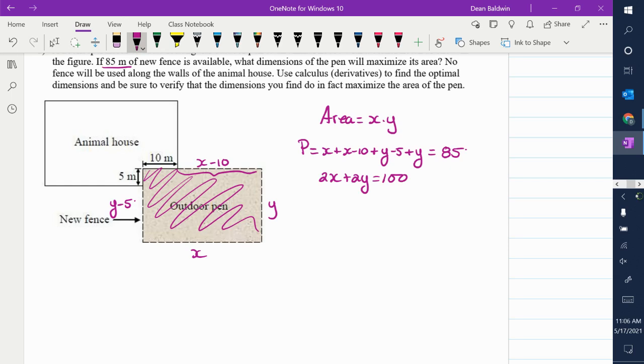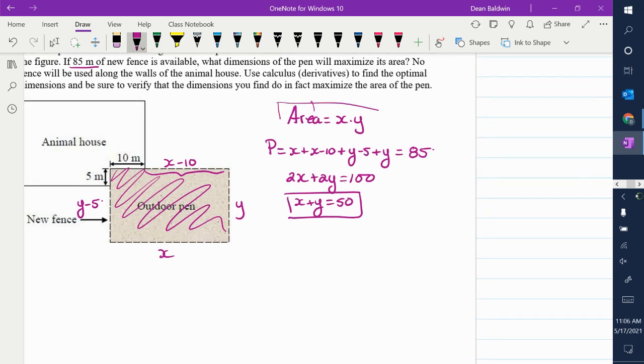I could simplify this equation even further. Factor out a 2 and divide it off, or just divide the whole thing by 2. There you go. So now we have two equations. We have our area, we have our perimeter.